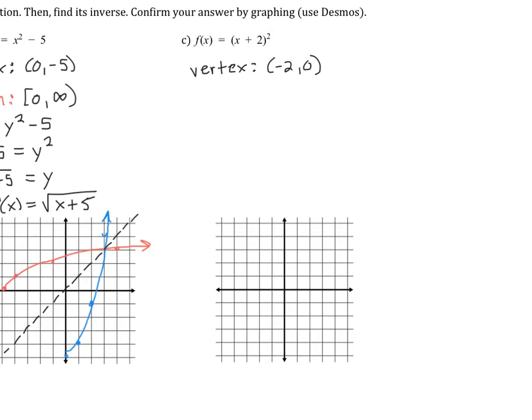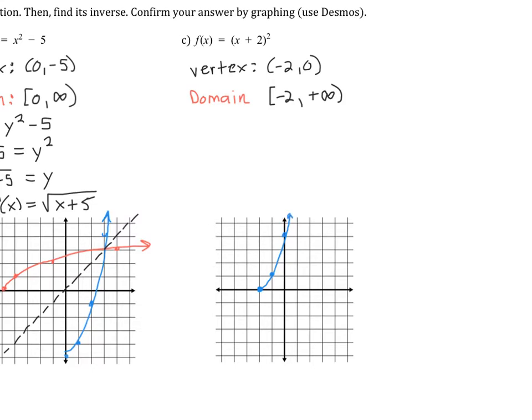So we're going to restrict this parabola to, again, let's do everything to the right. So here's our domain restriction. Everything to the right of our vertex. So that would be everything from -2 to positive infinity. And then we could graph that like this. There you go. So we have our half of a parabola.